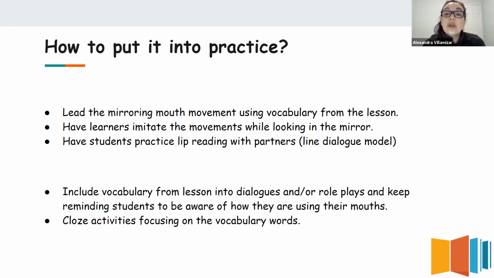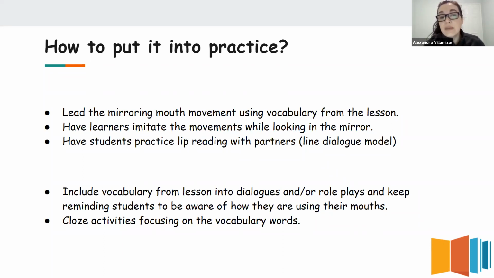So you will use the vocabulary that you are teaching in your lesson, and then you will use these activities to improve pronunciation. So each lesson will have pronunciation activities included.